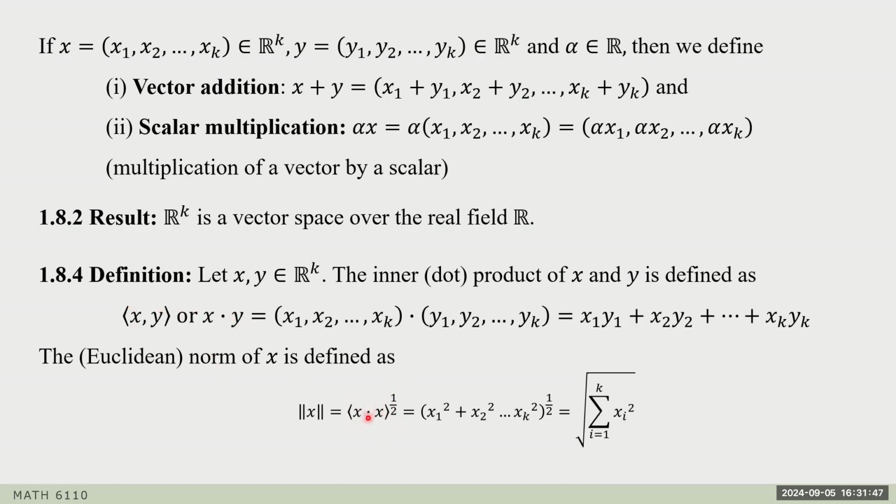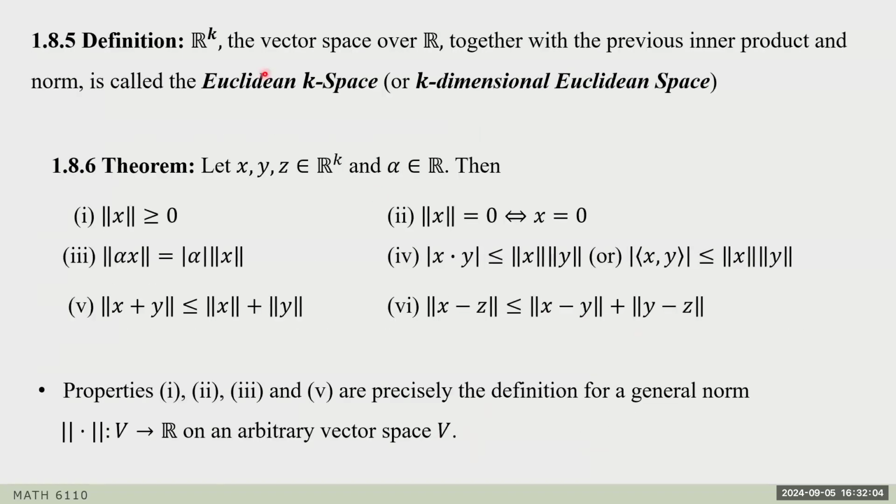So this dot here should be a comma. So it should be the bracket x comma x to the power of a half. Okay, but you have the formula for it here. So that's how to take the length of a vector in Rn. I know I keep saying Rn and you're saying Rk, but I'm just used to Rn. Together with that inner product, that dot product, it is called Euclidean k-space or k-dimensional Euclidean space.